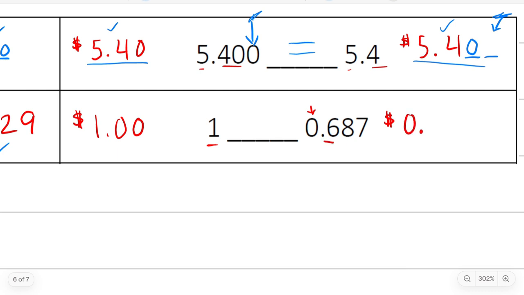But I do have 68 cents. All right. So just by looking at it like money for right now, I know that $1 is bigger than 68 cents. So then my $1 is bigger.